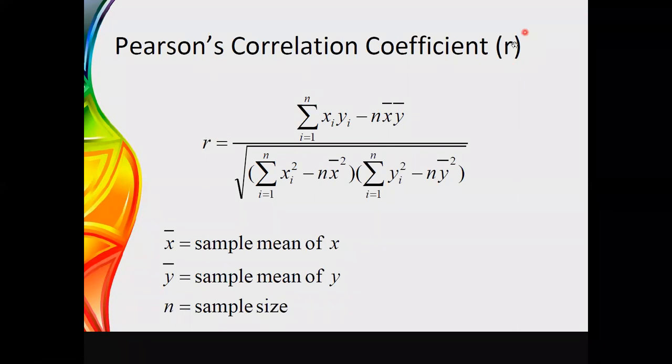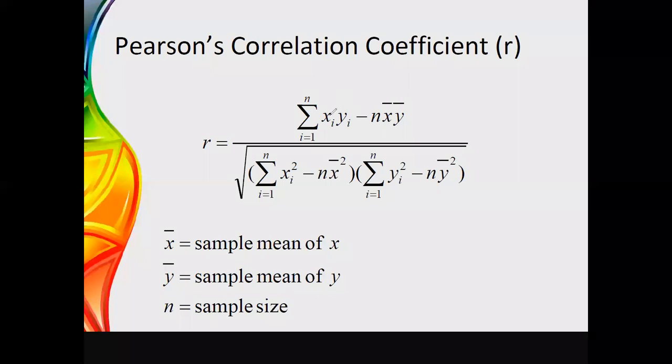The value of R is calculated using the summation of xy minus n times x bar y bar, divided by the square root of the summation of x squared minus n x bar squared, times the summation of y squared minus n y bar squared. There are many forms of this equation, but if you stick to this form, the calculations are quite easy.